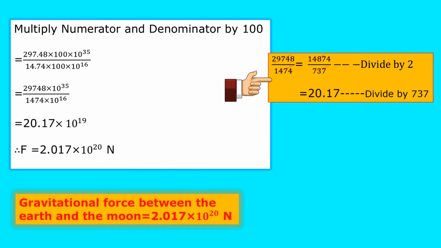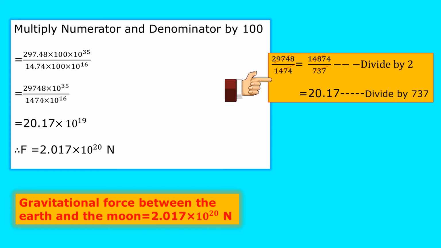Now we have to remove the decimal point from the numerator as well as from the denominator. So multiply numerator and denominator by 100. So it will be 297.48 into 100 into 10 raised to 35 upon 14.74 into 100 into 10 raised to 16. So it will be 29,748 into 10 raised to 35, meaning the decimal point will go, upon 1,474 into 10 raised to 16.